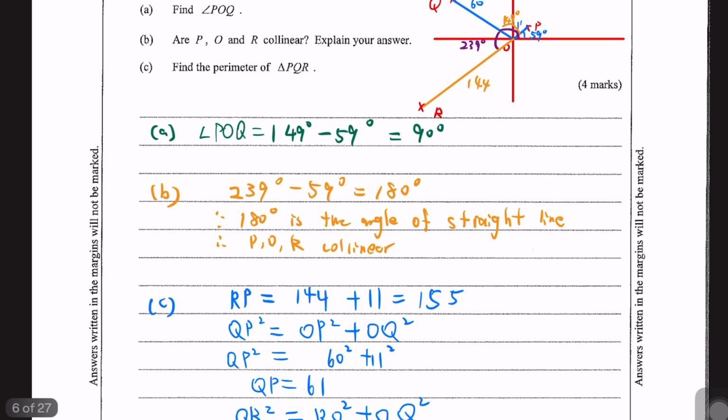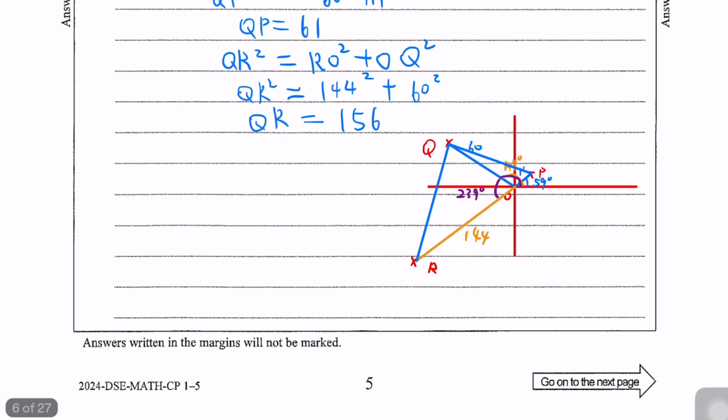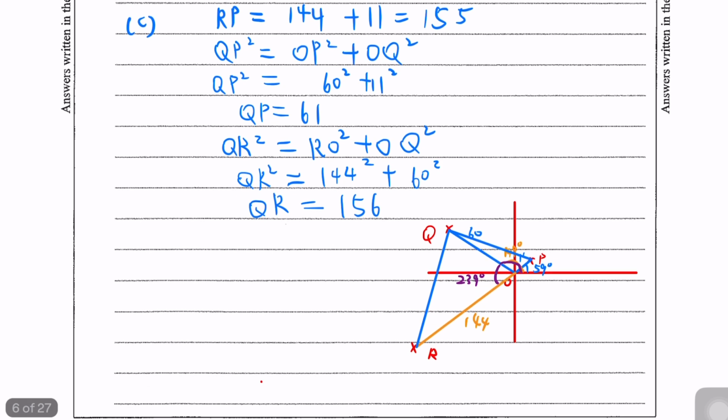Use the Pythagorean theorem, you can find QP and QR, and then add them up. You will have the perimeter. So here should be 155 plus 156 plus 61. Okay, so you will have the final answer, 372.